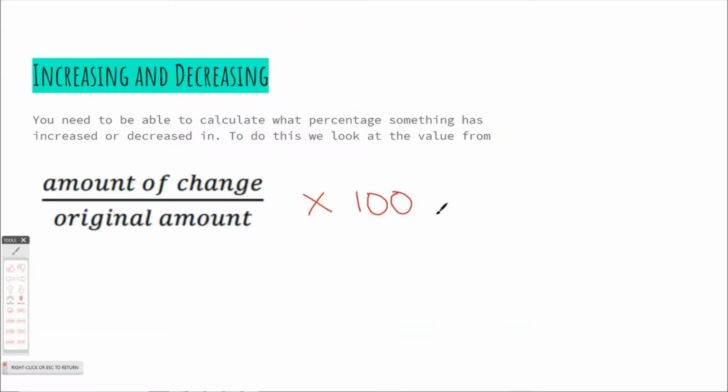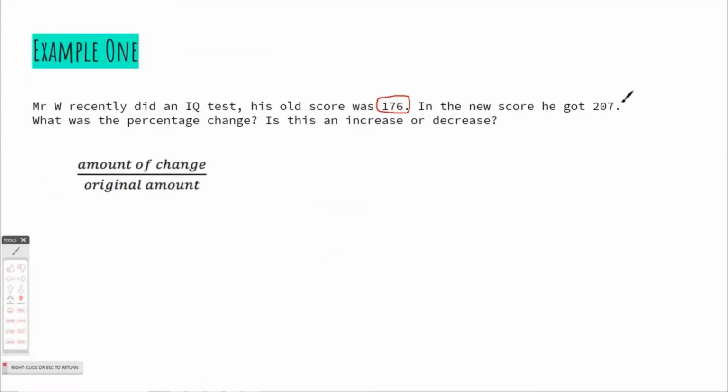From there, we went into increasing and decreasing and calculating percentage changes. So if we go to an example of this, we have Mr. W. He did an IQ test, and his old score was 176. In the new score, he got 207.